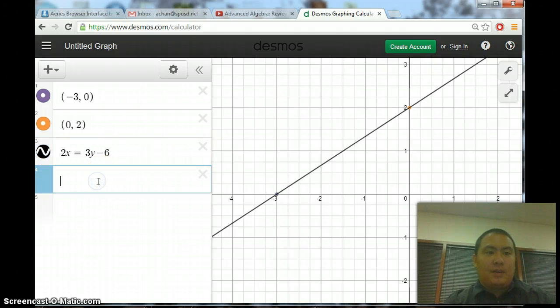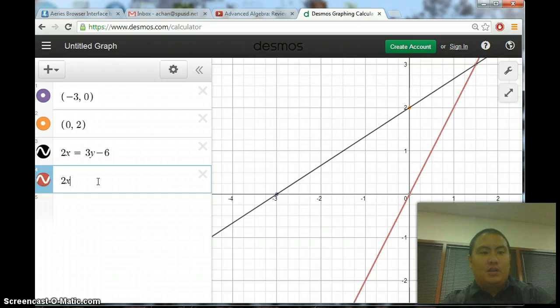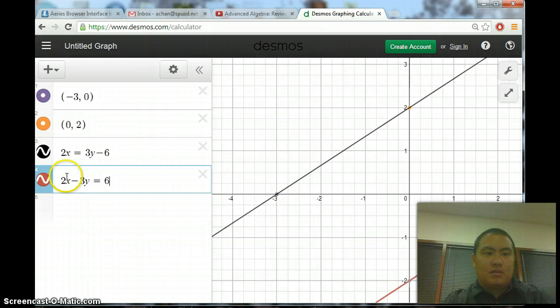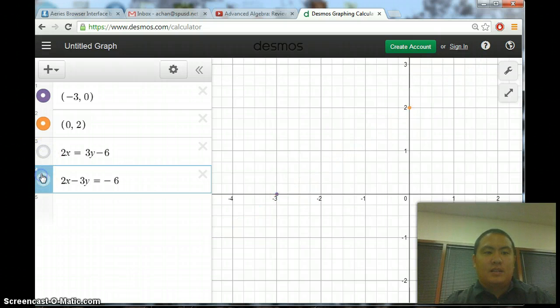Now let's see what happens if I subtracted 3y and made it into a perfect standard form. 2x minus 3y equals, oops, minus 6. Well, see how it really is just the same line. Okay, so you can manipulate the lines and make them look different, like right here, but it's still the same line.